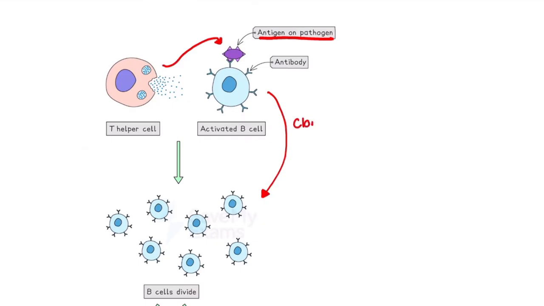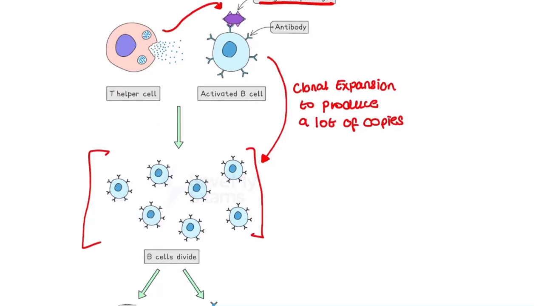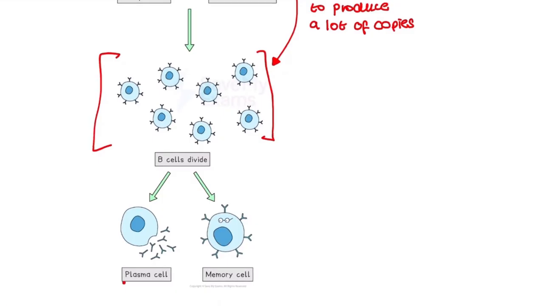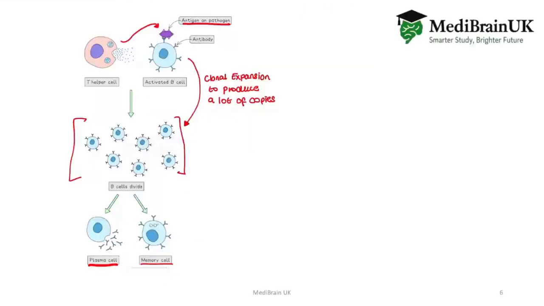It goes through clonal expansion. Okay, now we have a lot of copies of our activated B cells. Now these B cells will either differentiate into plasma cells or differentiate into memory cells. Those are the two different types of cells that they can differentiate into. Okay, and this is all that happens in your humoral response.